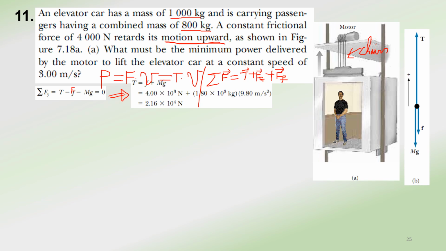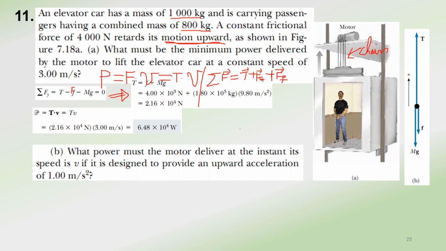Then 4 times 10 to the power 3 newtons, which is the friction force, plus the total mass 1,800 kilograms times the acceleration of gravity. After determining the tension, you take the tension times the speed and you obtain the power delivered.